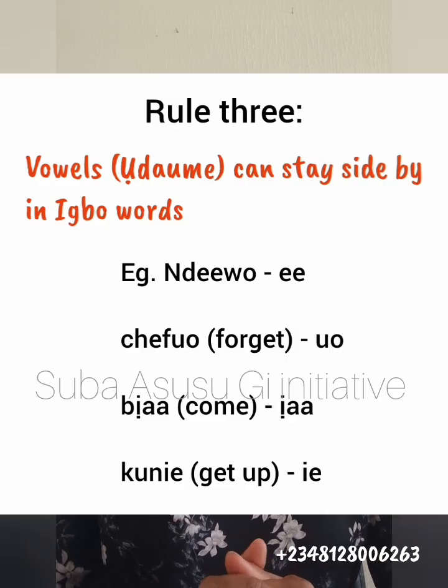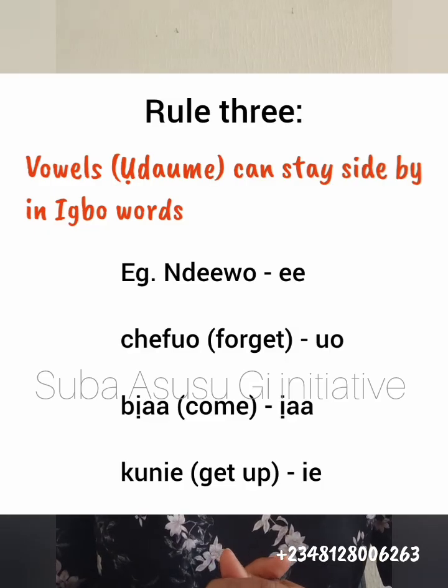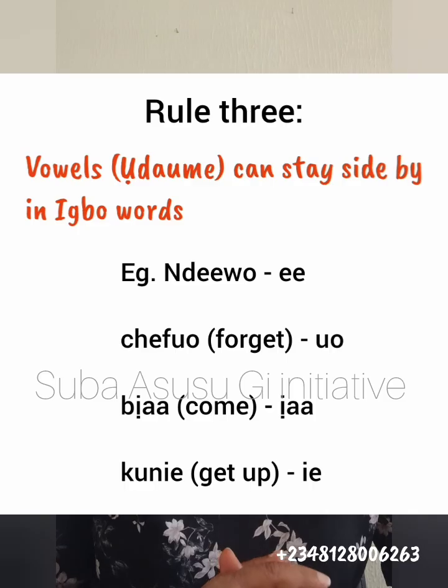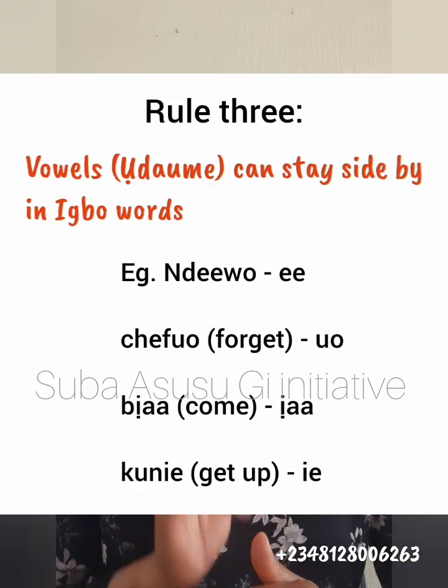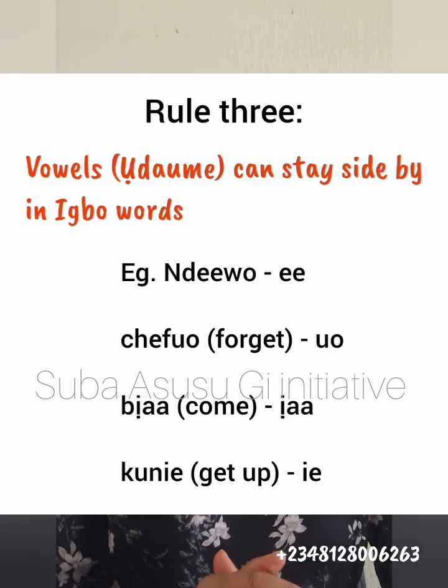So the rule again is that vowels can stay side by side in Igbo words. Remember, consonants can't. You can't have 2 consonants side by side in Igbo words. Okay, so before I go to rule number 4, I would like to say something about 2 letters that have special function in Igbo language.